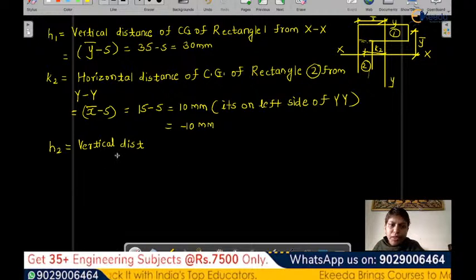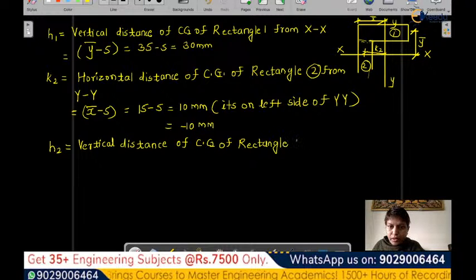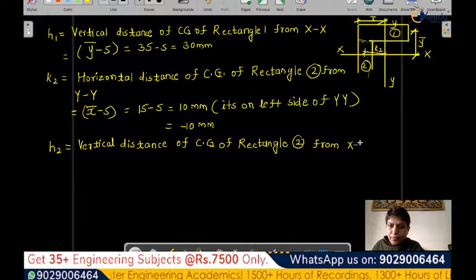Please let me know. So H2 is the vertical distance of the CG of rectangle 2 from the x axis.